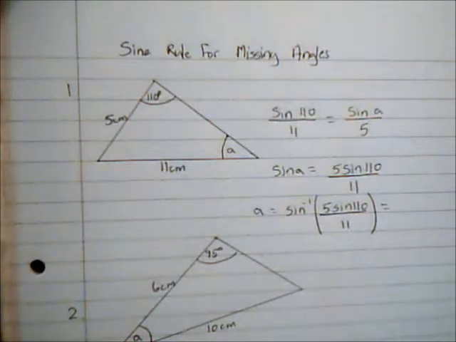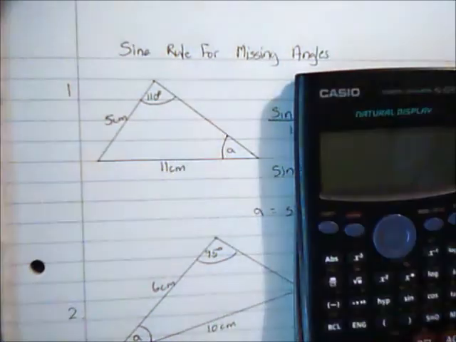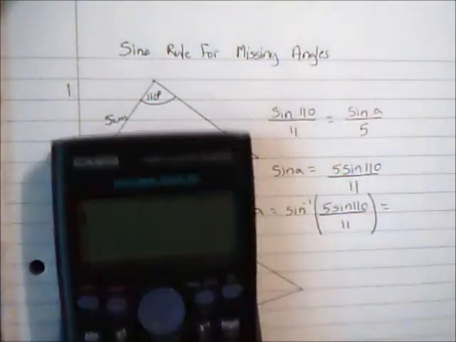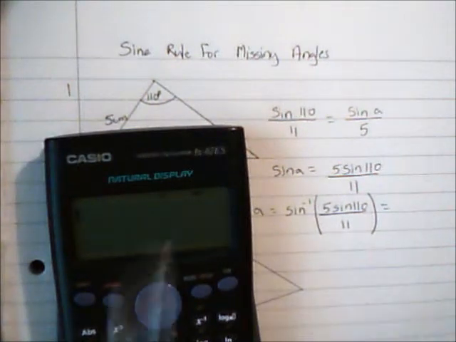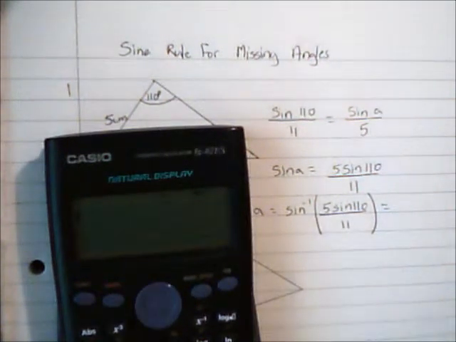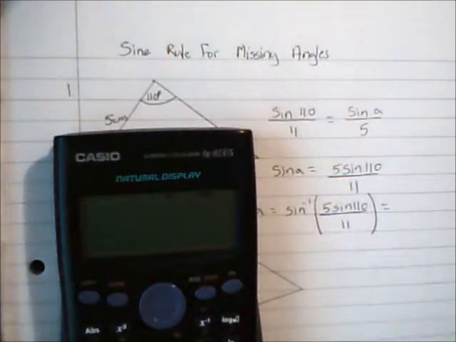And I can type this into a calculator. So I've got to make sure I've got my calculator in degrees mode, and I can see that by a D up here, and I don't know if you can see on your screen, but my calculator is in degrees mode.